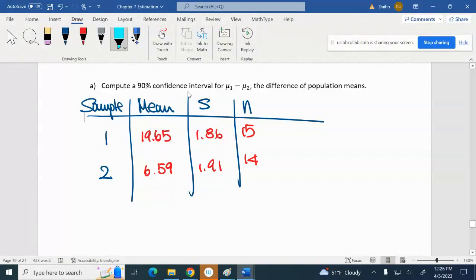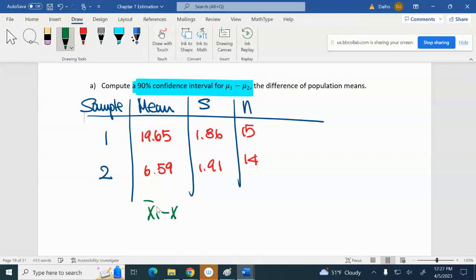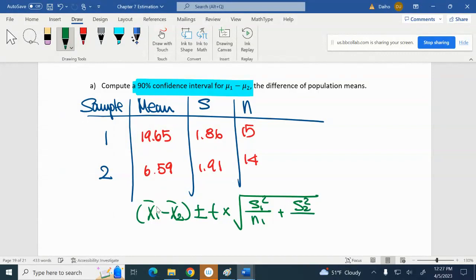Good. Let me make the 90% confidence interval for the mean difference. Let me copy the formula: X1 bar minus X2 bar. We are going to use the t-score because we don't know the sigmas, times the square root of S1 squared over N1 plus S2 squared over N2.